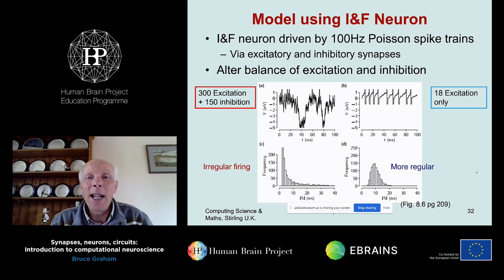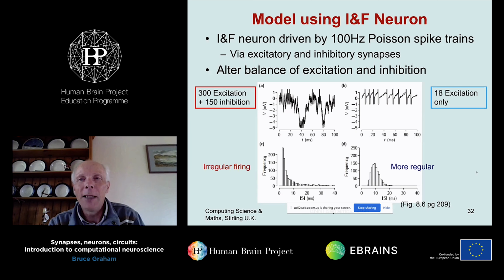So even if it's getting random input of a particular nature, just excitatory, it's more likely to fire regularly than not. And so you actually have to really tweak it by giving it suitable inhibitory input at the same time to get it to fire randomly.